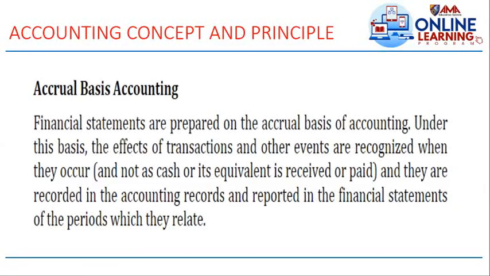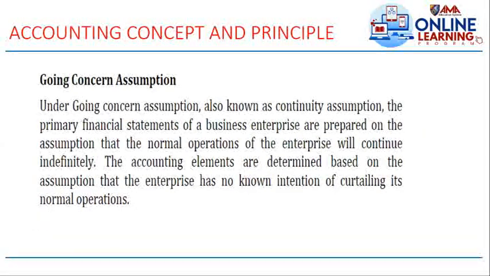Next is the going concern assumption. Under this concept, the business is assumed to continue to exist for an indefinite period of time. This is necessary for accounting measurement to be meaningful, and it is also known as the continuity assumption.